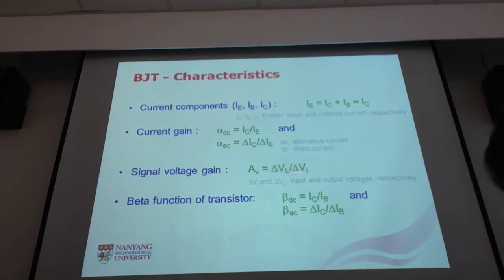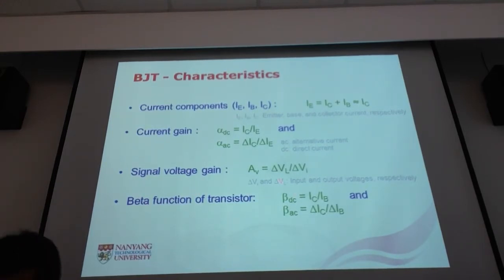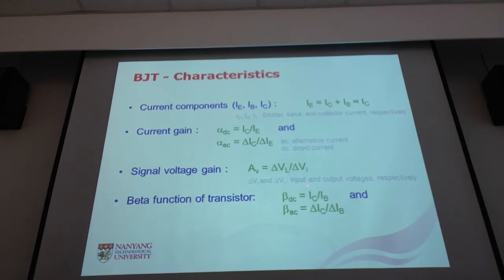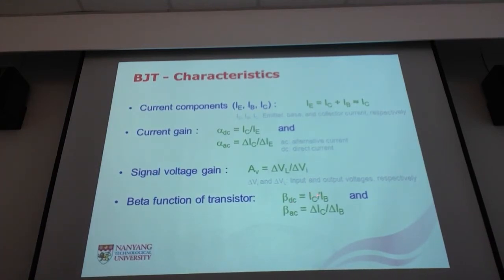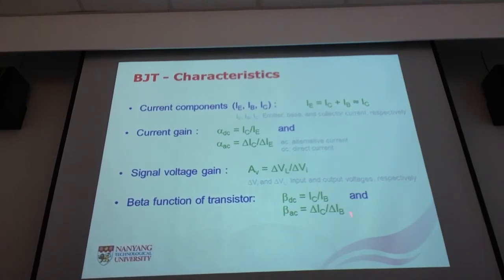Voltage gain equals delta VL over delta VI, where VL is the output voltage, while VI is the input voltage. And this beta of the transistor is about the base. So again, the current gain in the base is defined as IC over IB, and for alternating current it is delta IC over delta IB.